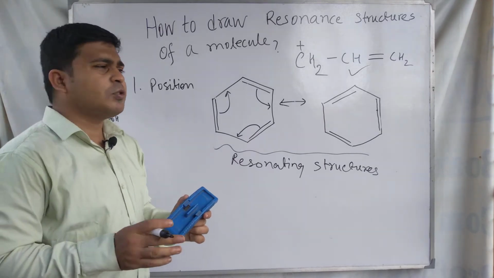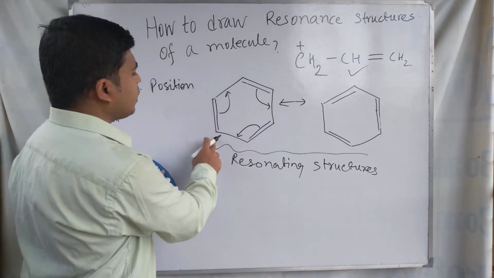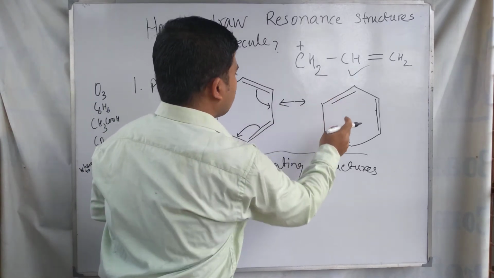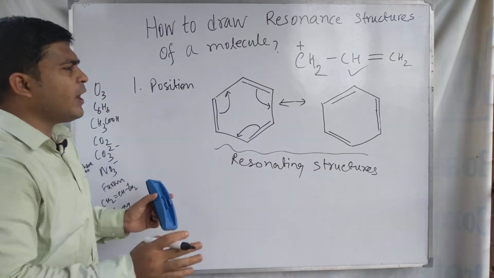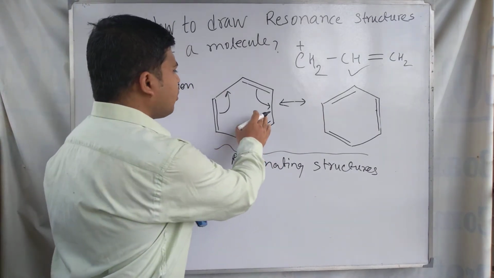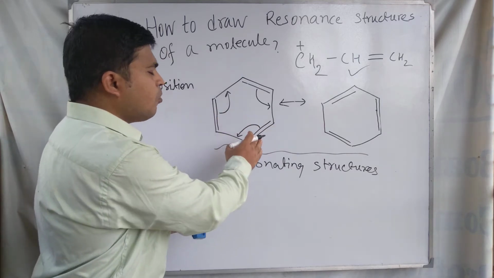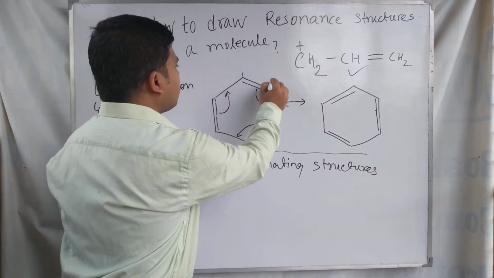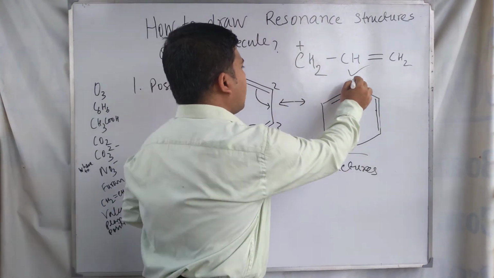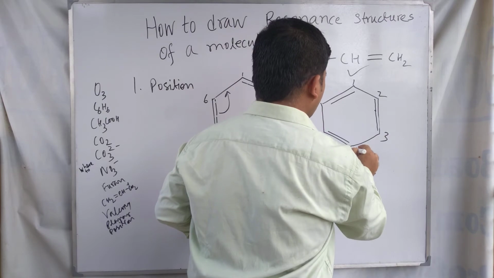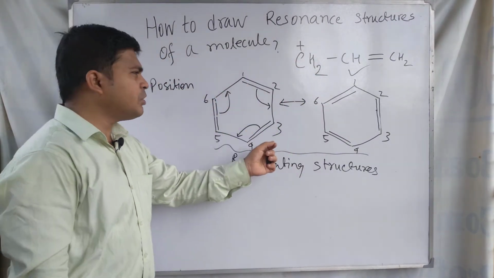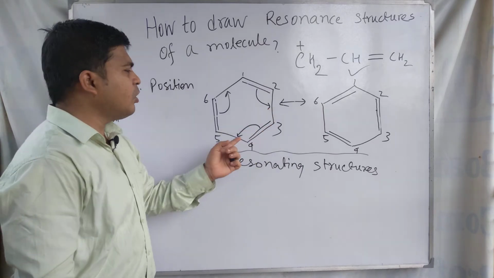And when you draw a resonance structure you have to know the position of each atom. See here, only the bonds are shifted, no atoms can be displaced in resonance structure drawing. See here, I am drawing the resonance structure of benzene, no atoms are displaced here, 1 2 3 4 5 6, and 1 2 3 4 5 6. Here all the carbons are in the same position as before making the resonance structure.